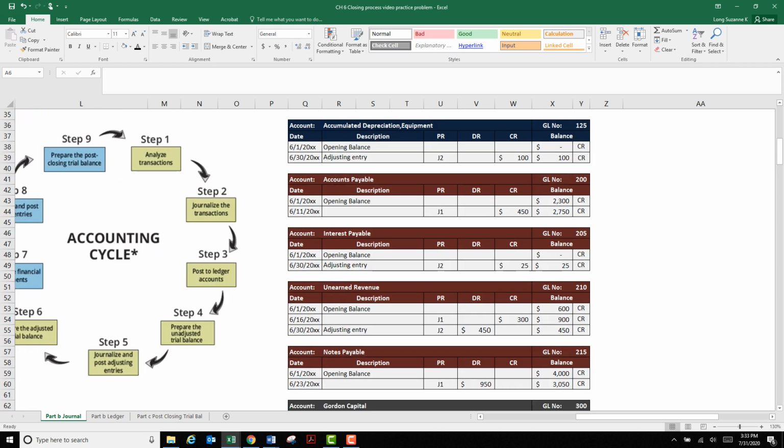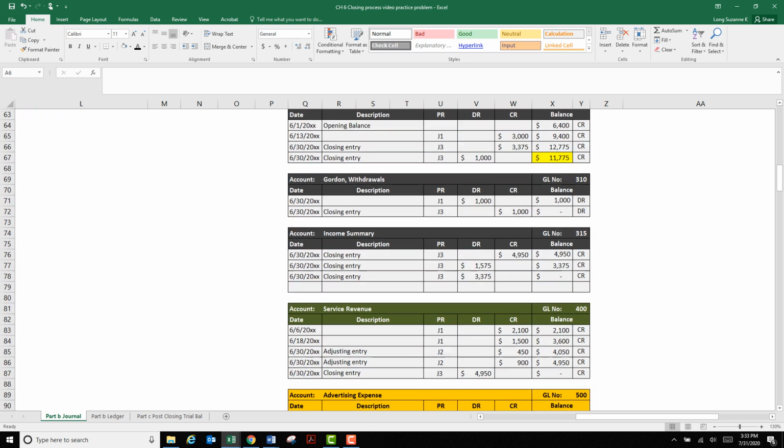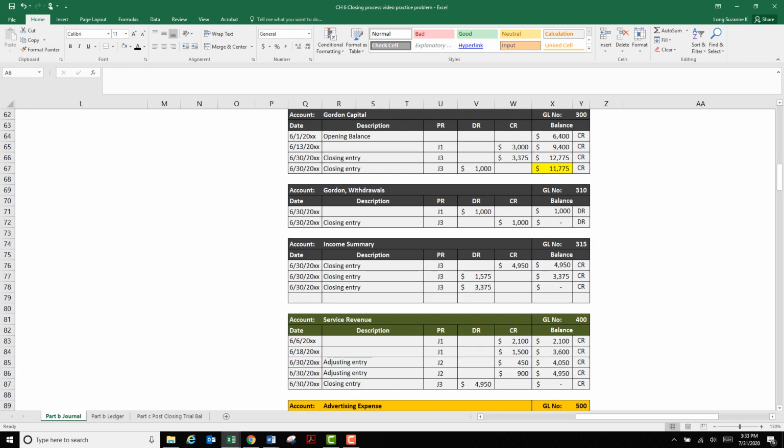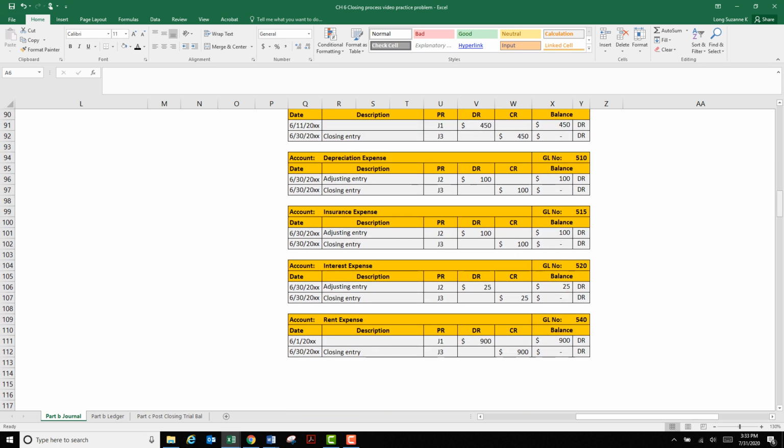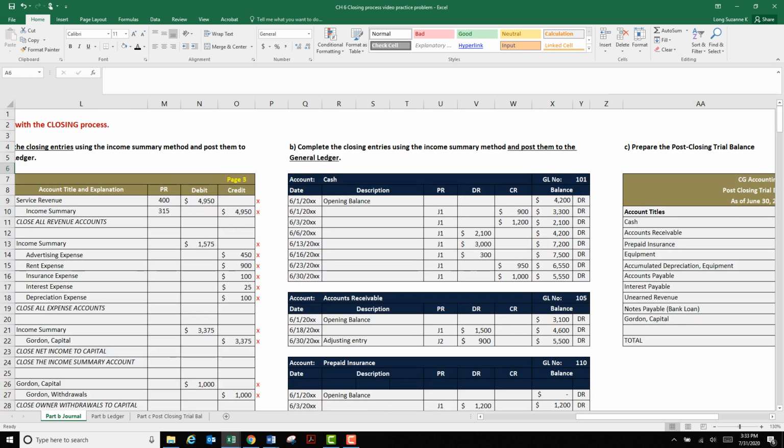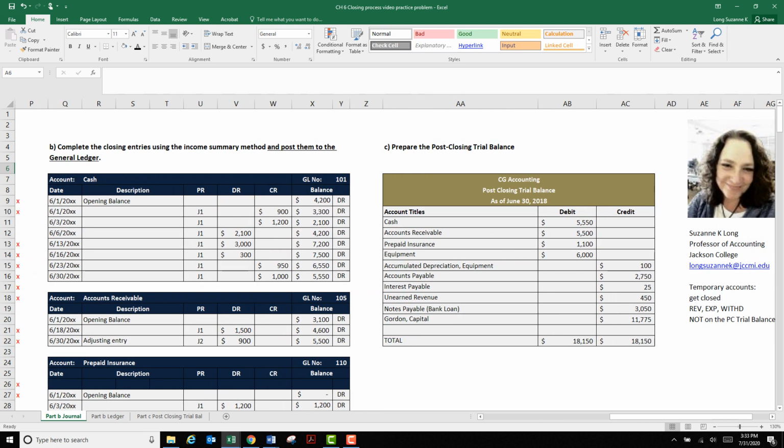This is like the hot spot right here with capital. You're seeing all this activity with closing. And then revenue and expense zeroed out. So there's us posting closing to the general ledger. And then here's us finishing off the post-closing trial balance with those permanent accounts and those permanent carry forward balances.